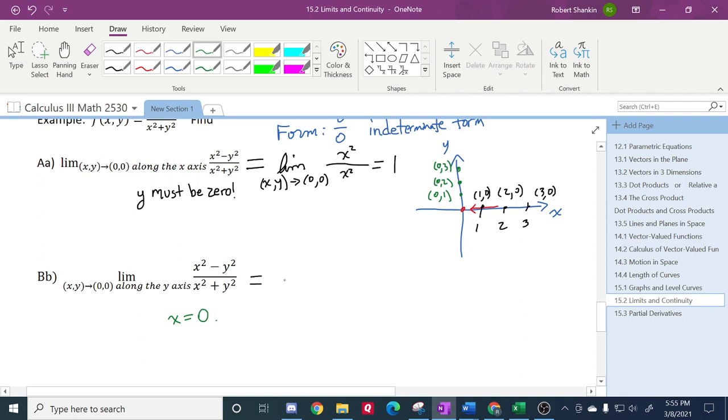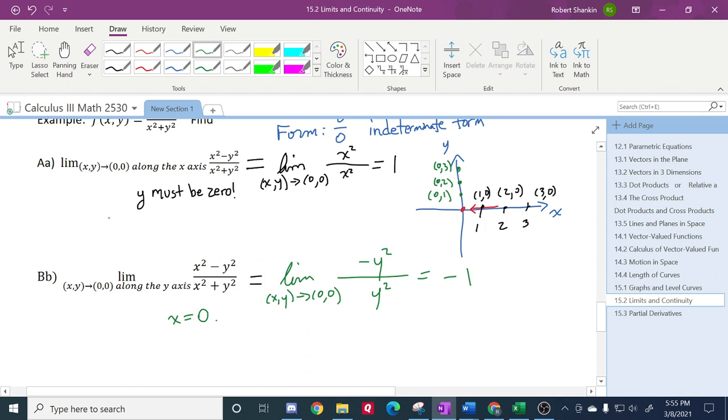And so this is the same as the limit as (x, y) approaches (0, 0). And zero out these, and you will get a negative 1 over here.